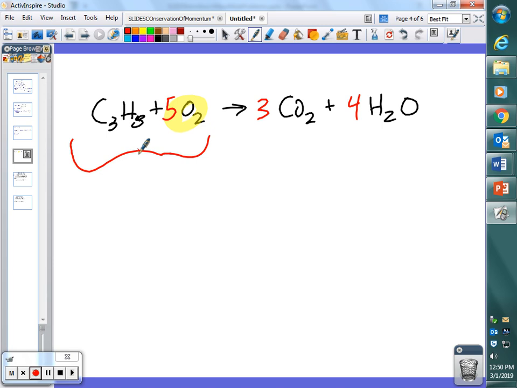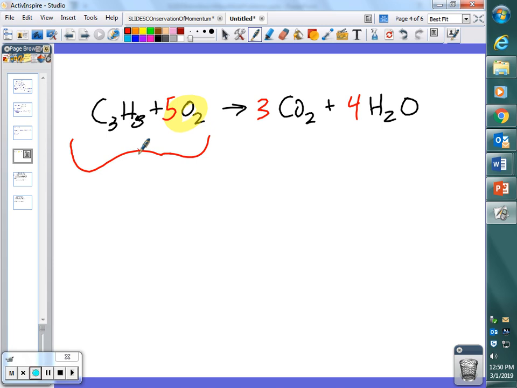Okay? And what do we get when we react those molecules together? H2O. 4 water molecules and 3 molecules of carbon dioxide, right?